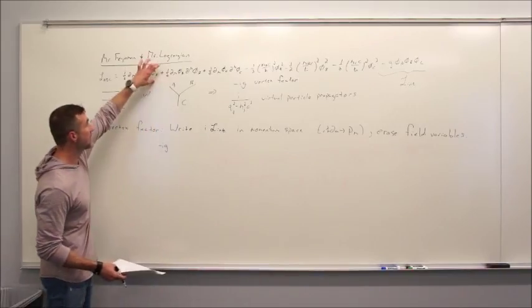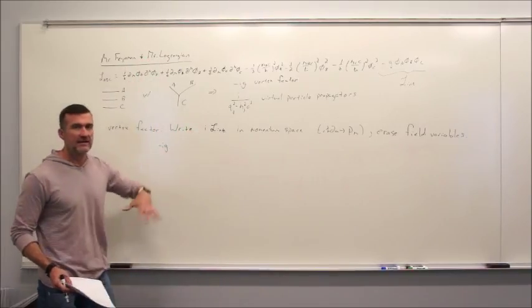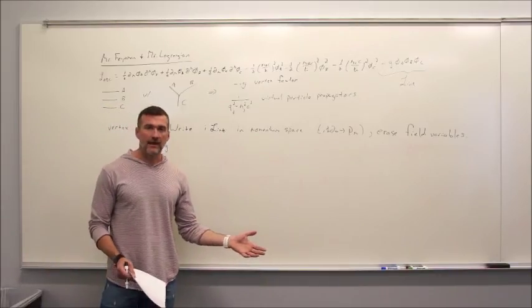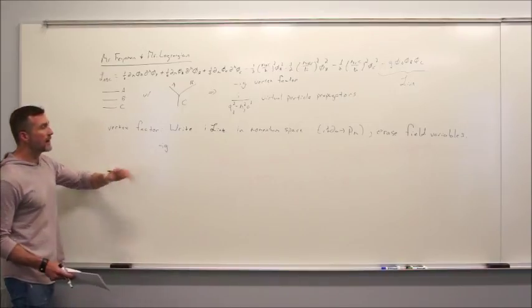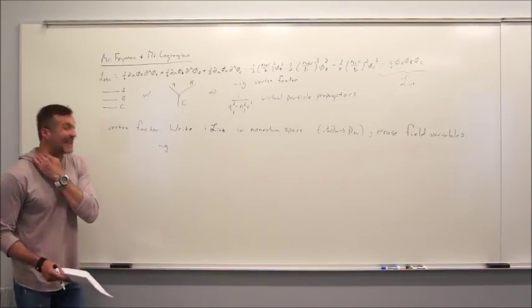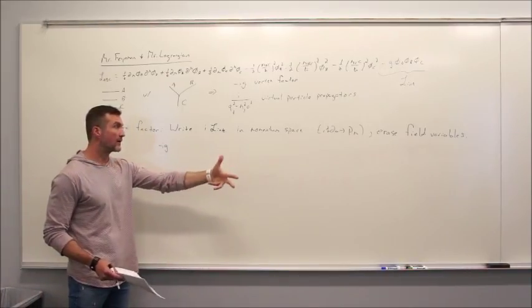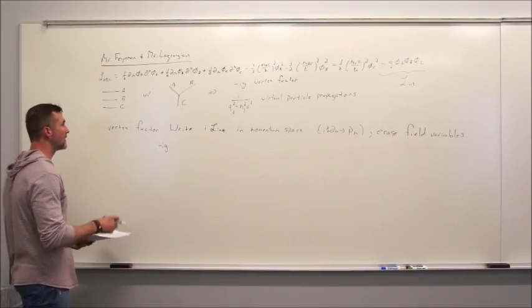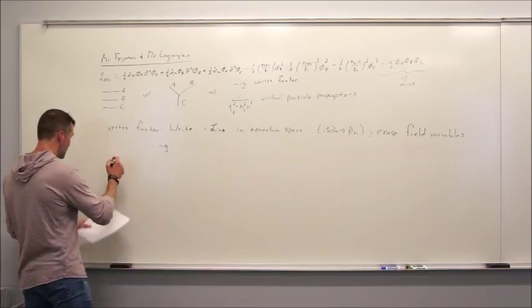Going from here to this process is quantum field theory. We don't have time for that in this class. But I'm just trying to give you an idea of why the quantum field theory result plays out the way it does. Again, because it's going to be less trivial in the case of quantum electrodynamics.